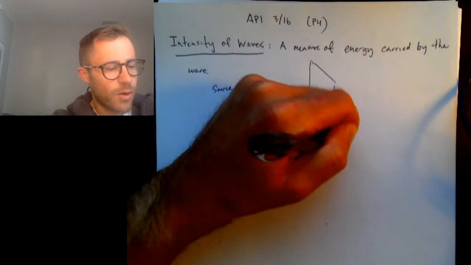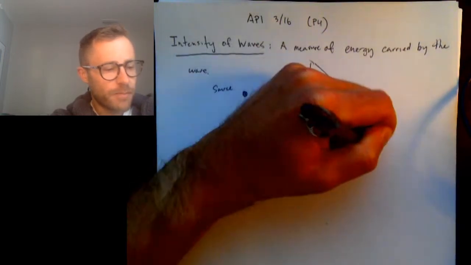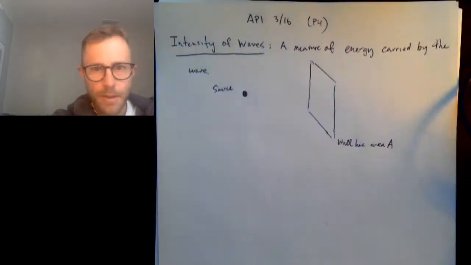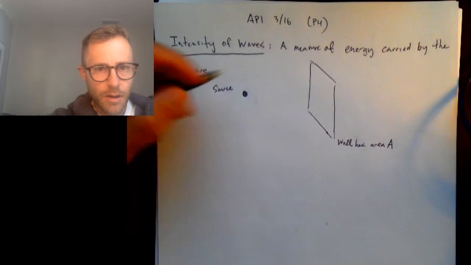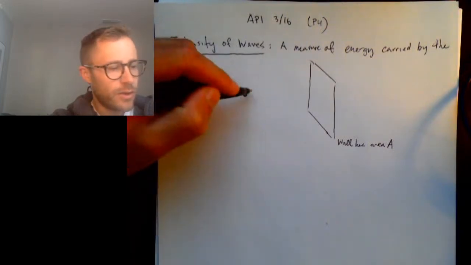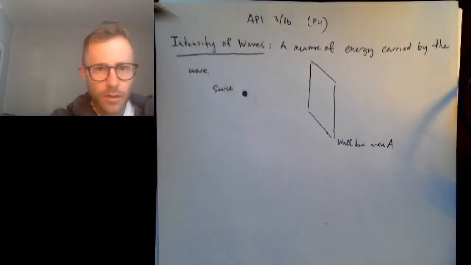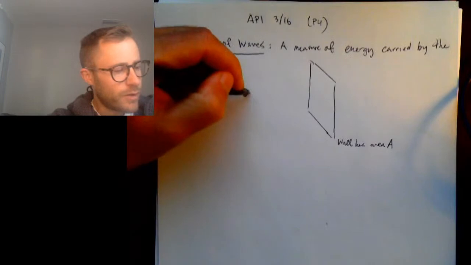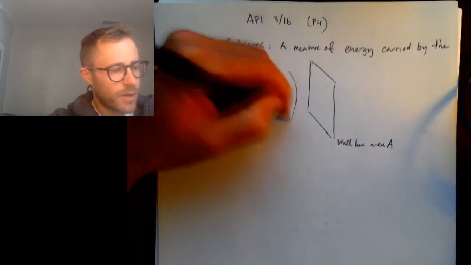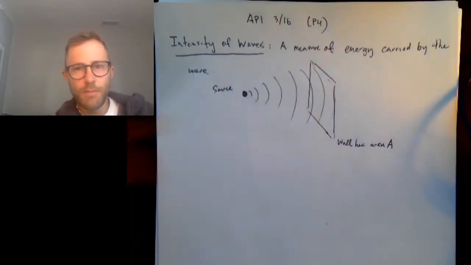Here's a wall, and the wall has area A. So then the source is emitting waves, and those waves are hitting the wall.